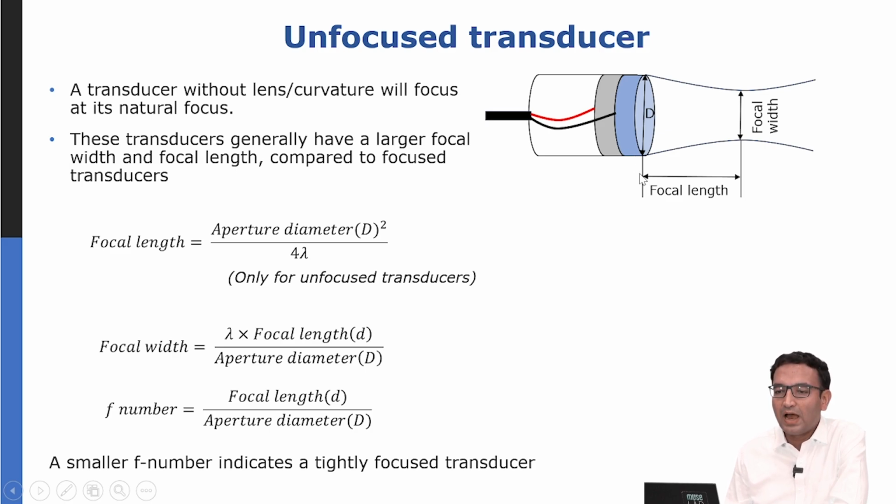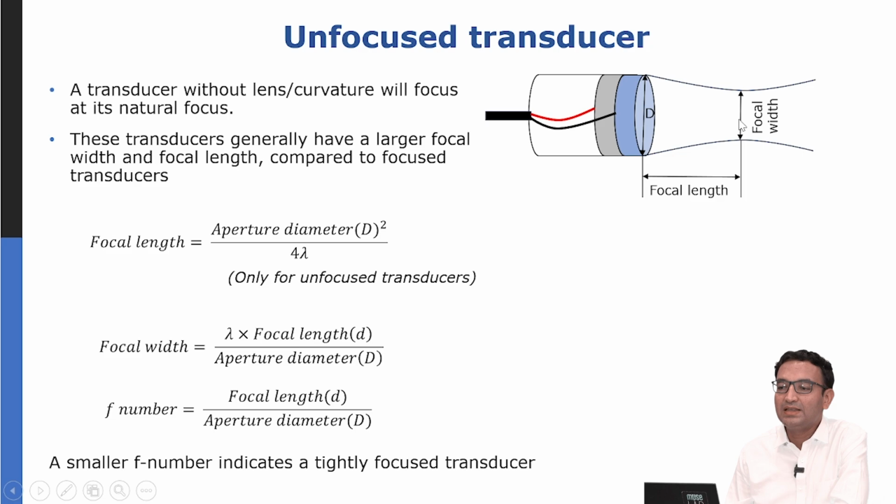When you do that, you will find that for this kind of transducer, consider a disc transducer with a diameter of d, the focal length, which is also called the natural focus, is calculated by aperture diameter square by 4 lambda. Now this length is called the natural focus, and this is the focal width.